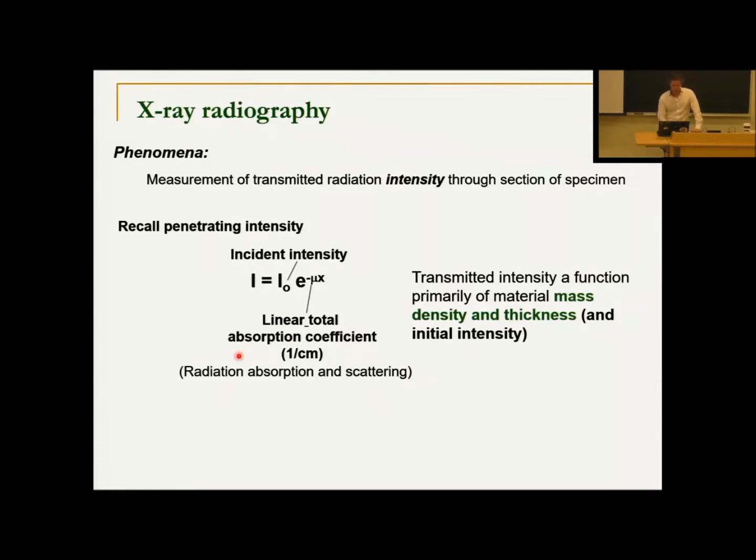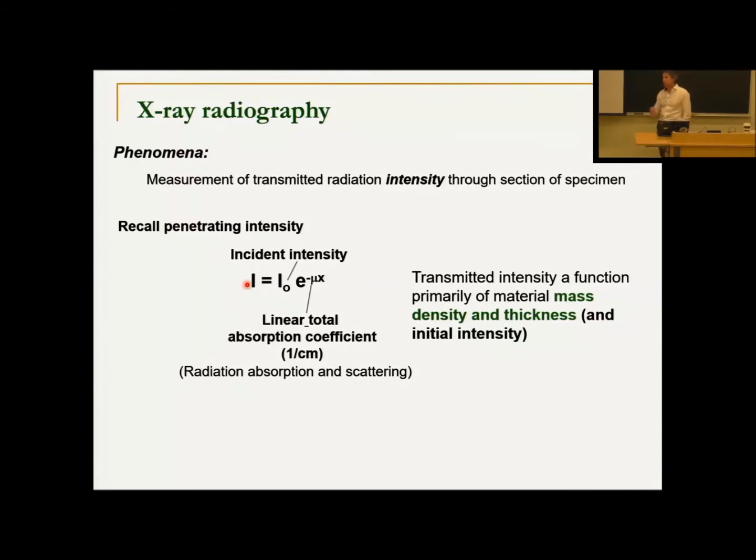So we can launch this penetrating energy, and here we're talking about X-rays and gamma rays, with some initial intensity. It interacts with the material over some distance x with some absorption coefficient, and we get the resulting output intensity.